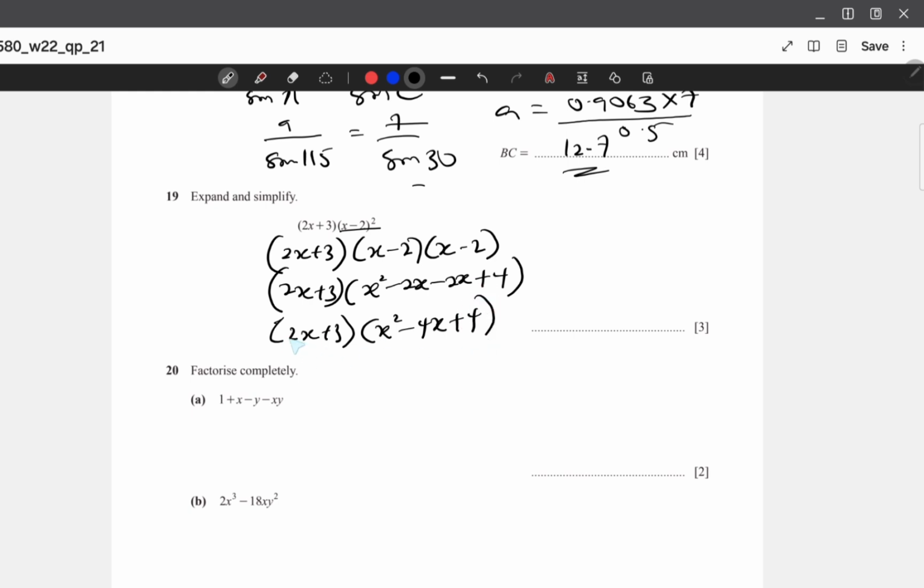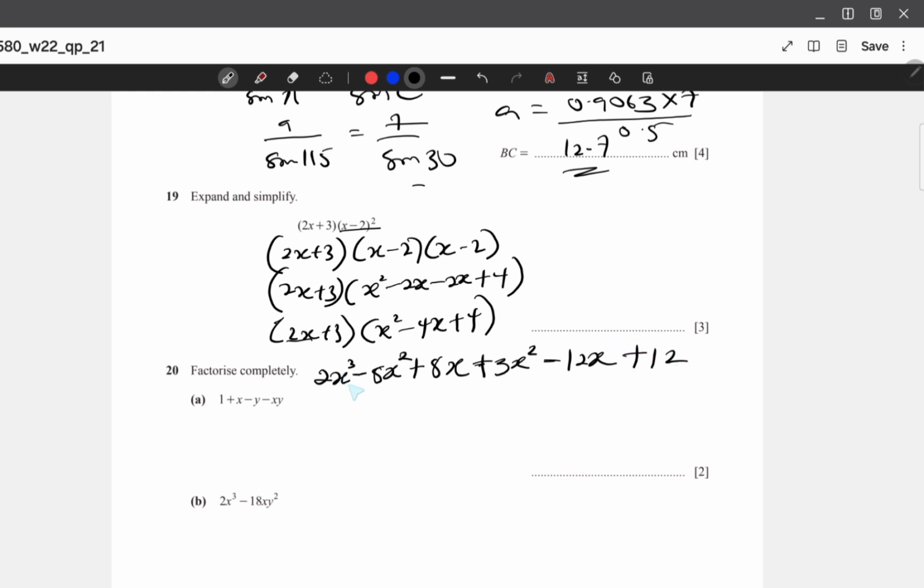So let's expand this one. 2x times everything here will give me 2x cubed minus 8x square plus 8x, minus 3x square, or rather plus 3x square, minus 12x plus 12.